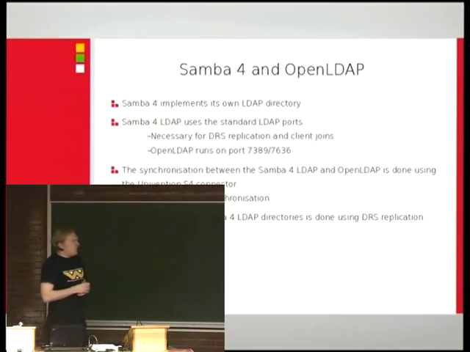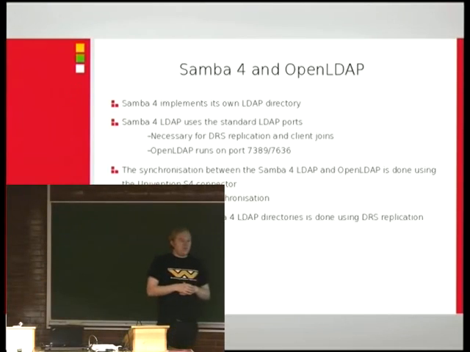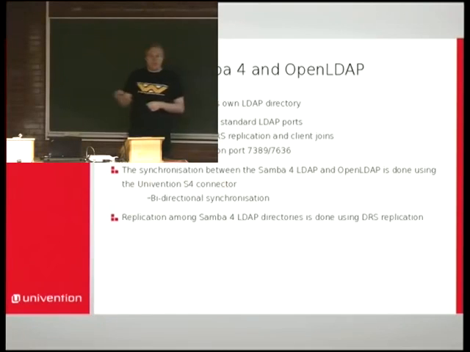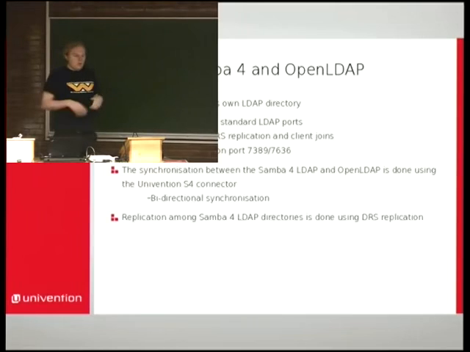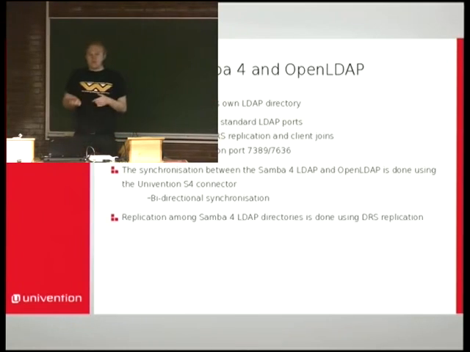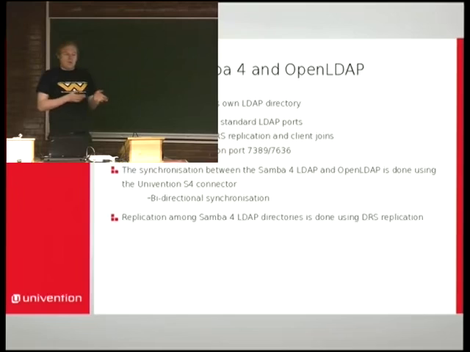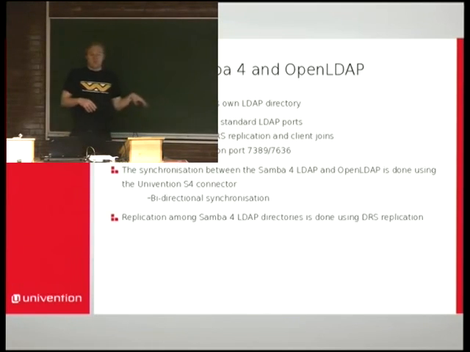And we've developed a synchronization service between the LDAP service in Samba 4 and the LDAP service of the standard UCS based on OpenLDAP, which is called the Univention S4 connector. It does bidirectional synchronization of the two LDAP services. So if you're running UCS with Samba 4, you can create a user both in the Active Directory user management and also in the Univention management console as part of the OpenLDAP data.